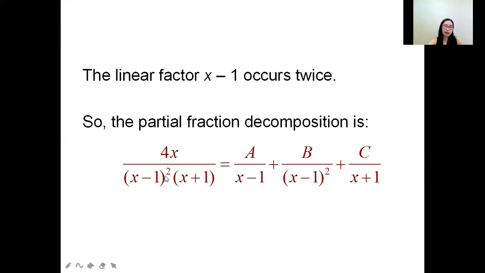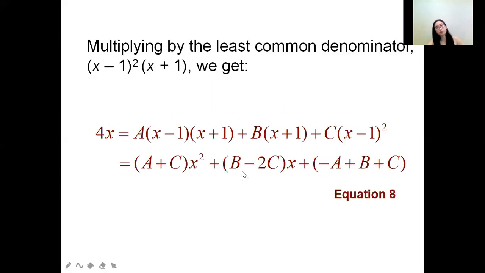Since x minus 1 appears twice, we write a over x minus 1 to the power of 1, though we usually neglect the exponent, plus b over x minus 1 squared plus c over x plus 1. Okay, that is the partial decomposition when there is a repetitive factor.